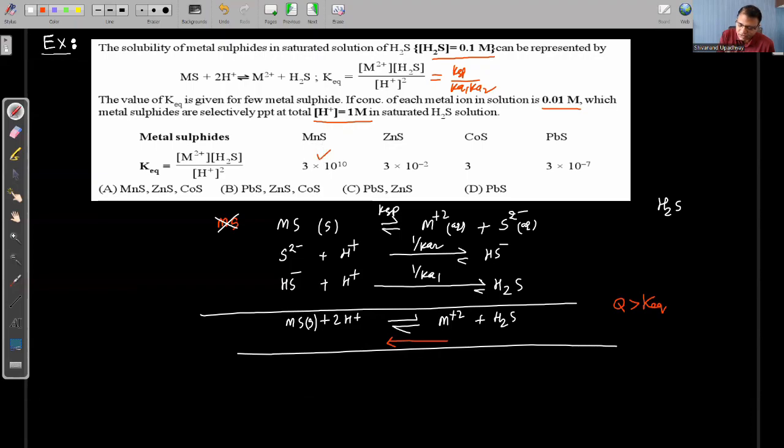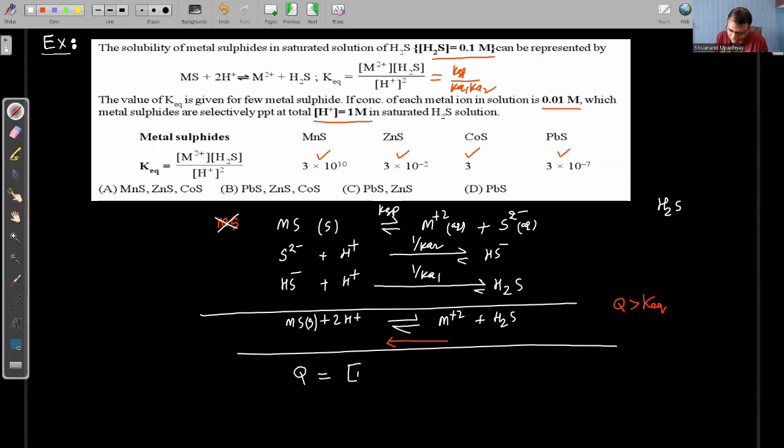The equilibrium constants they have given for different metal sulfides: for MnS, it is 3 into 10 to the power 10. For ZnS, it is 3 into 10 to the power minus 2. For cobalt sulfide, it is 3, and for PbS, it is 3 into 10 to the power minus 7. Now let us calculate the reaction quotient for the overall reaction.